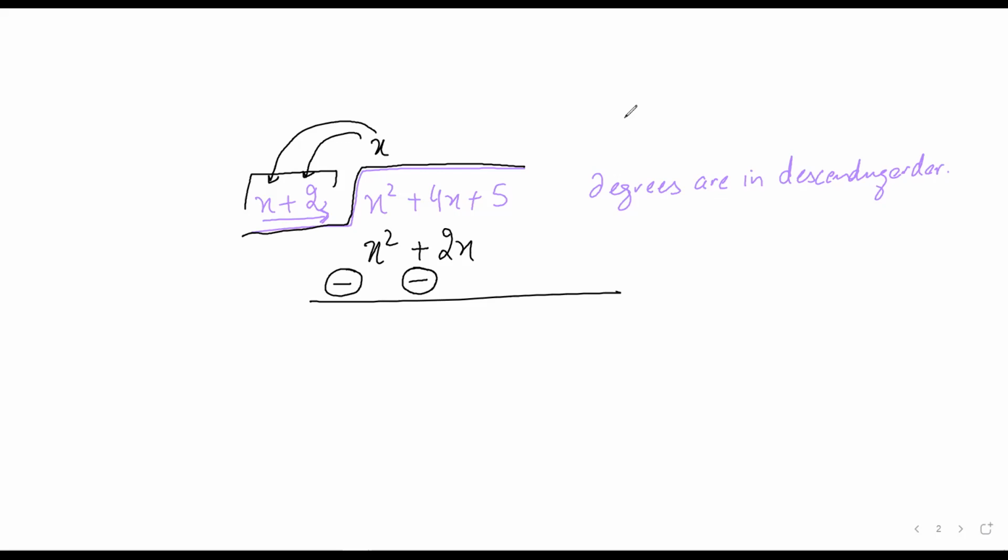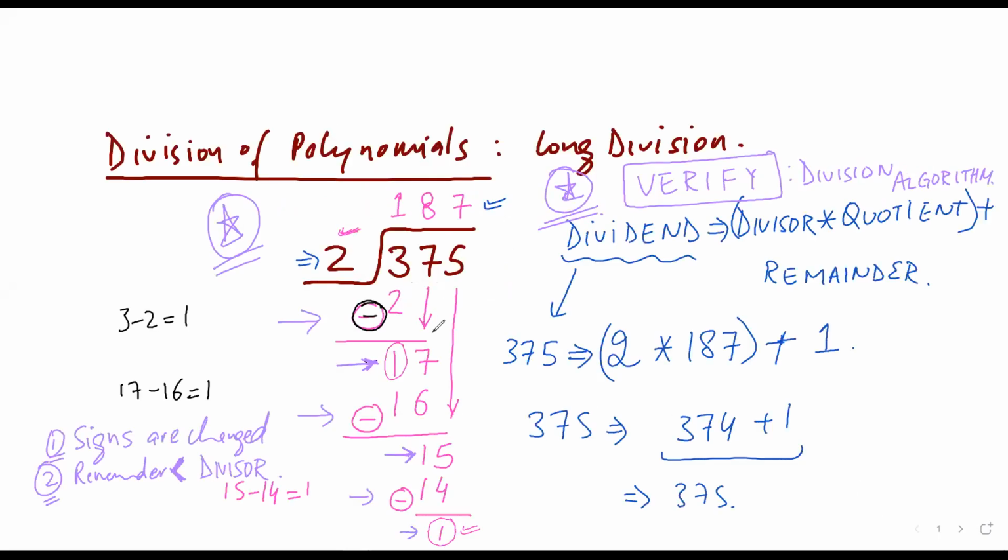No, sir. Okay. 1 second, Sarthak. So x square minus x square, both of these will cancel. 4x minus 2x, the answer would be 2x. Mr. Sarthak, any doubt? No, sir. Now this 5 will come down. This step is the same that you do here.